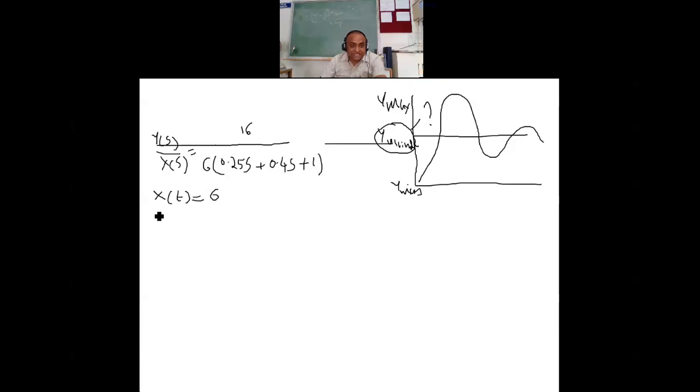Input is 6, step input. The value of input, it is 6. So I cannot use it directly here. So what I'll do is, I'll take Laplace. So you get 6 divided by s.